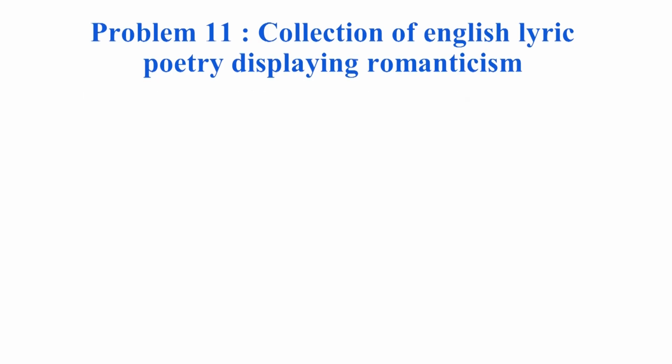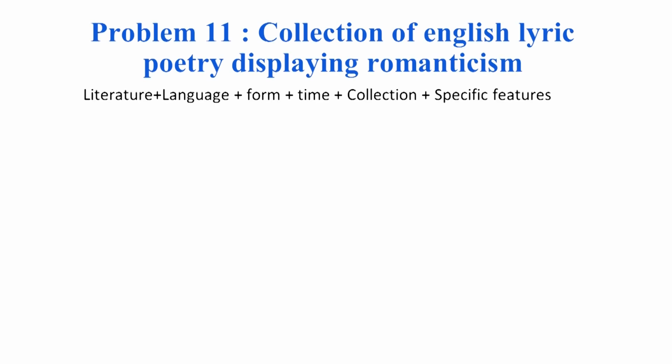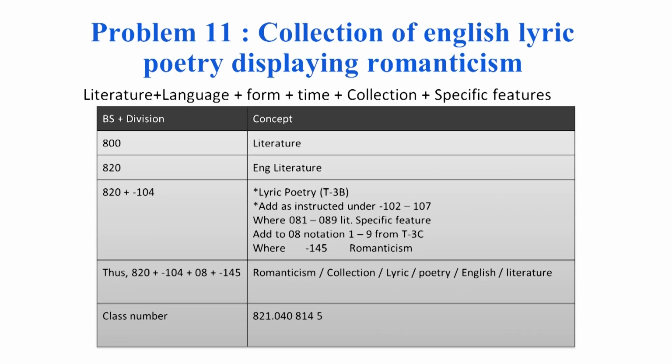Next example, collection of English lyric poetry displaying romanticism. Here the faceted structure can be analyzed as literature, language, form, time, collection and specific feature.